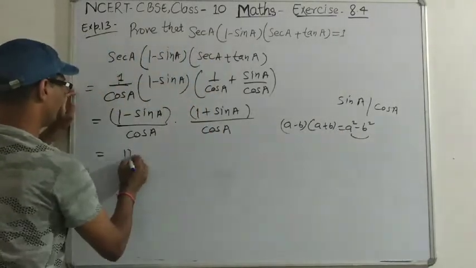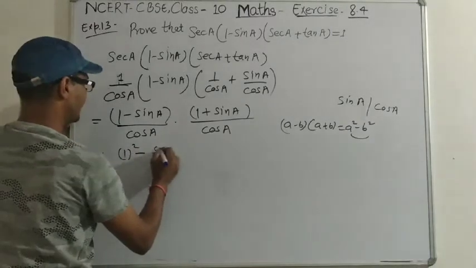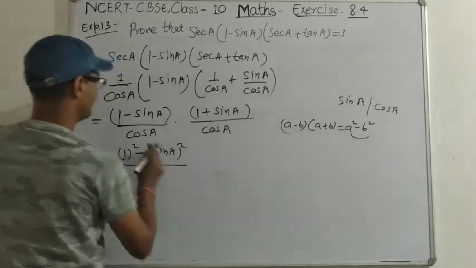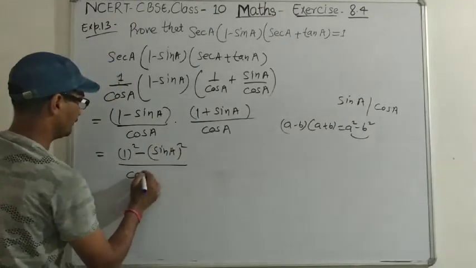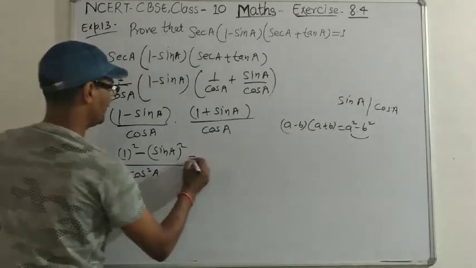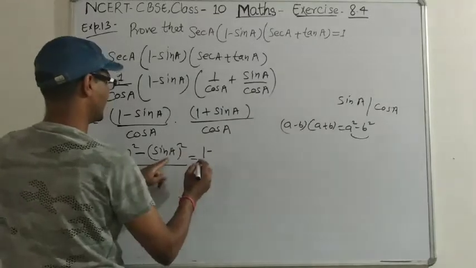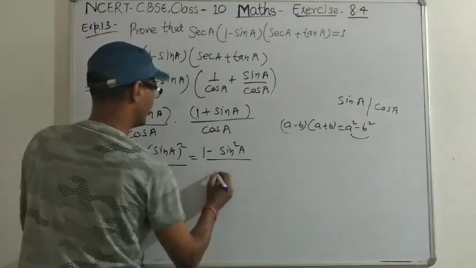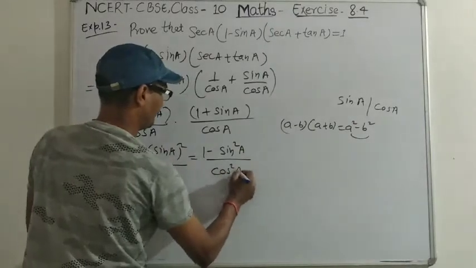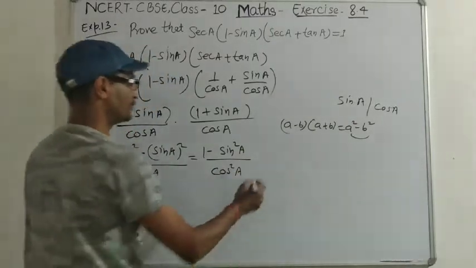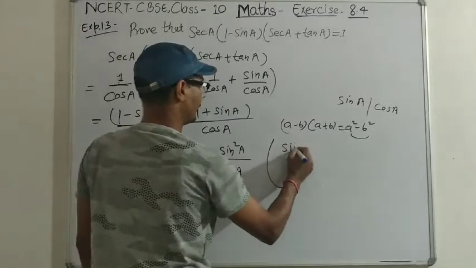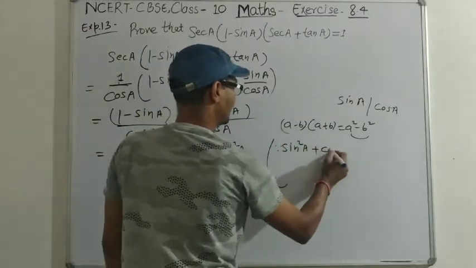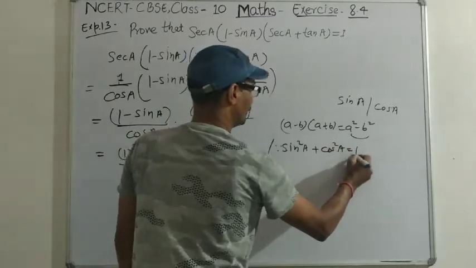The a is 1 square, b is sin a square, b square by cos a into cos a, cos square a. So 1 square is 1, sin square is sin a into sin a, it becomes sin square a by cos square a.